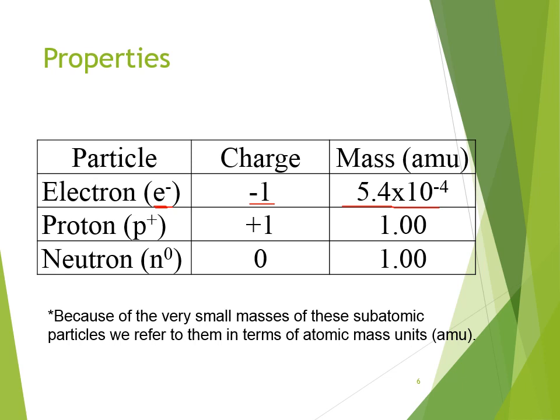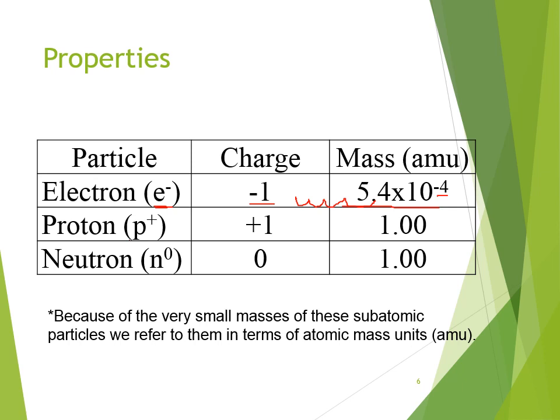From what we learned with scientific notation, if you have a negative exponent, that means that the number is very small. We would have to take this decimal and move it 4 times to the left to get it in normal notation. Since the mass of an electron is so small, it's actually negligible. What that means is we count the mass of an electron as being 0. So we don't need to remember this arbitrary number of 5.4 times 10 to the negative 4th, because compared to the other subatomic particles, an electron's mass is 0.